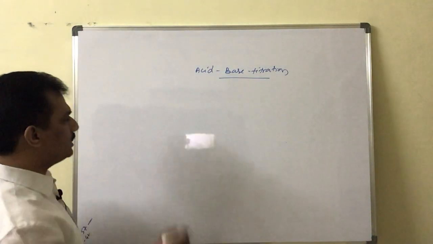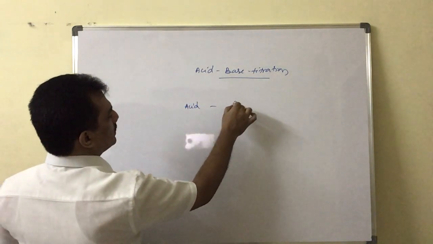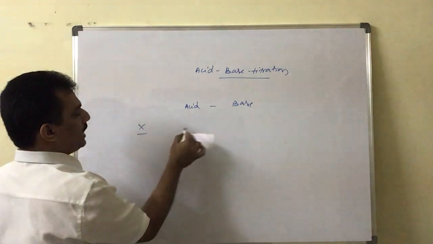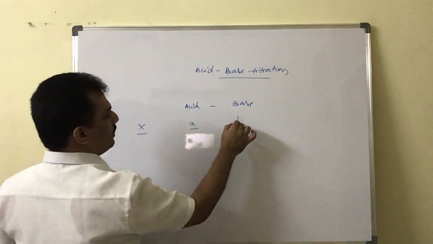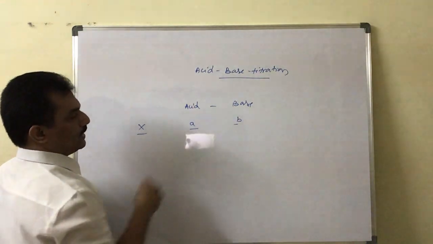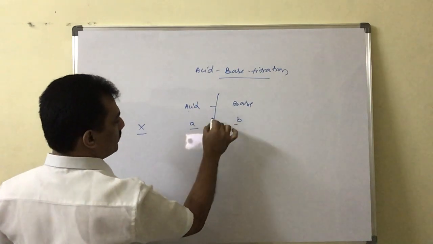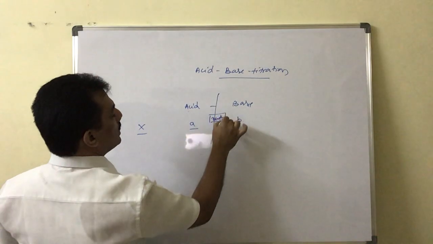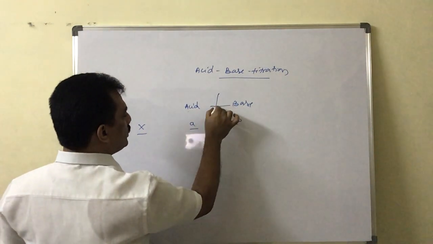Here different media means either acid or base. For example, an X indicator may exhibit A color in acid and B color in base. Exactly when neither acid nor base is present, that is, the neutral condition, it is not at all possible to stop exactly in between these two.